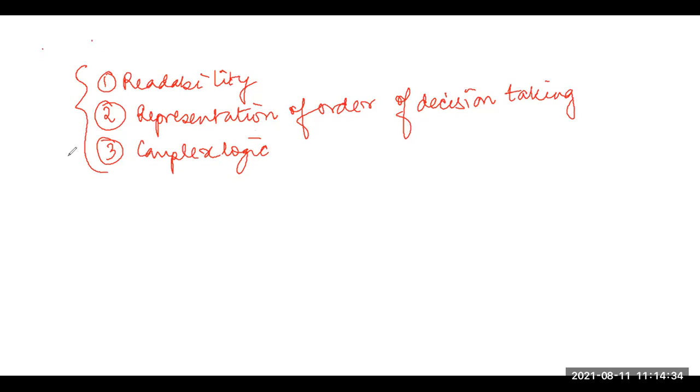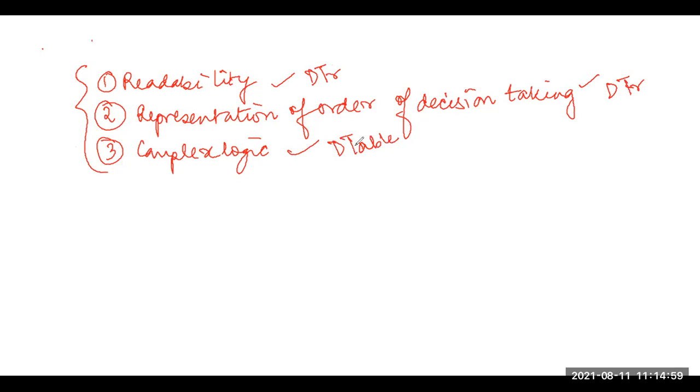And for the order of decision making aspect also, decision table is better. So for this, decision tree is better. For this, decision tree is better. But for this, decision table is better. Okay. So these are the decision table versus decision tree.